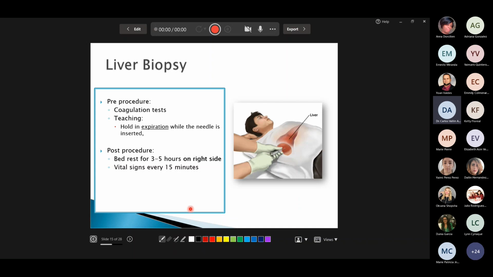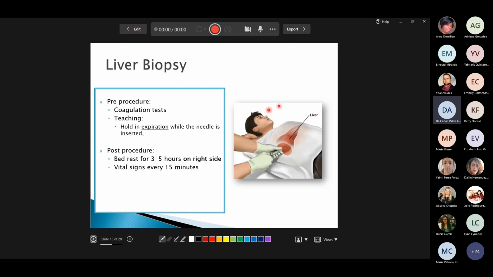When you breathe in, the liver moves down. When you breathe out, the liver moves up. So if the patient continues breathing in the moment that the needle is inside the liver, it is going to produce more trauma. So you need to ask the client to hold the respiration, preferably in expiration, to empty the lungs and separate the lungs from the liver. It only takes seconds.